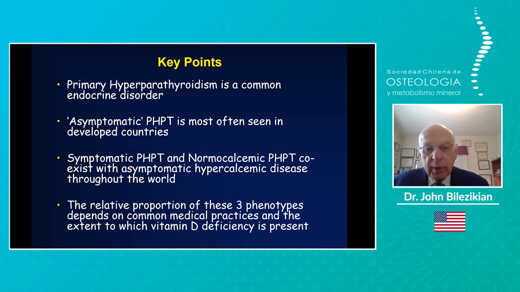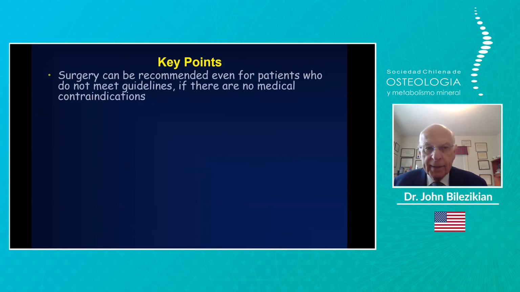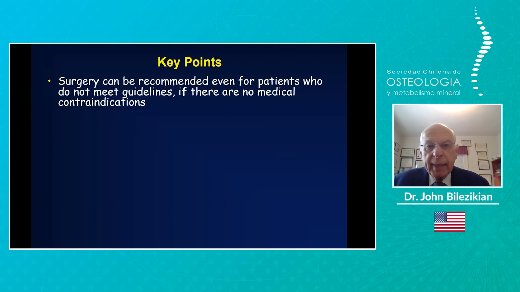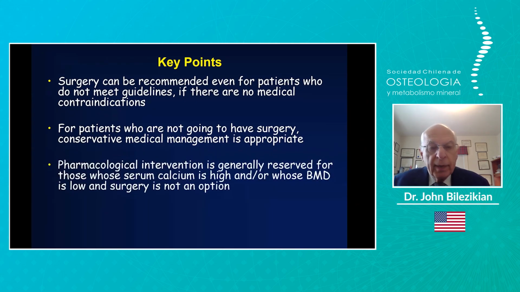The relative proportion of these three phenotypes depends on common medical practices and the extent to which vitamin D deficiency is present. Surgery can be recommended even for patients who do not meet surgical guidelines if there are no medical contraindications. For patients who are not going to have surgery, conservative medical management is appropriate.